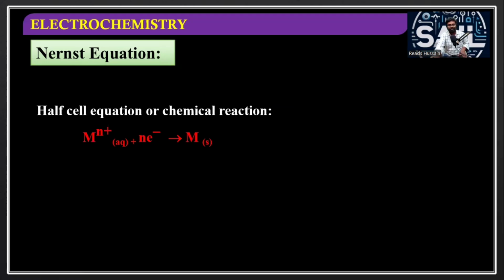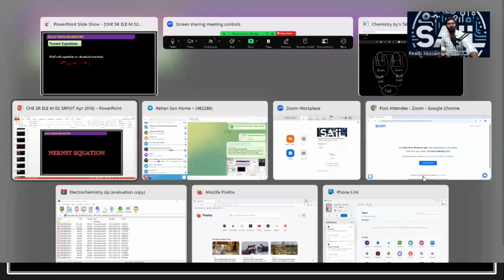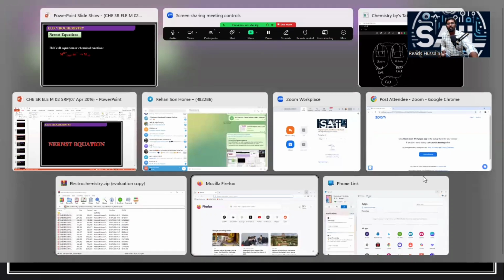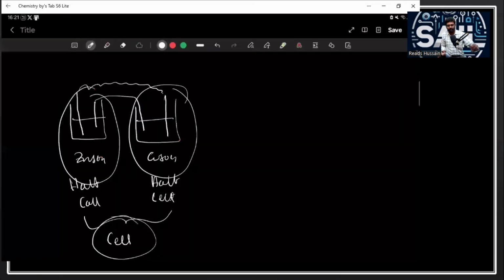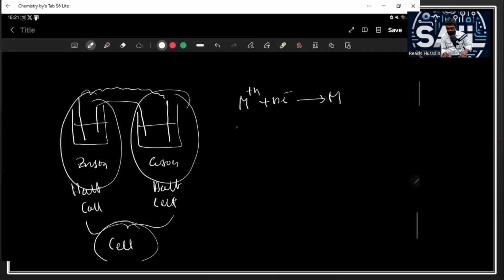So what is this? Please note down. I'm going to write once again: M plus n electrons gives M. Now to make you understand this, I will take the previous example: Zn plus 2 plus 2 electrons gives Zn.